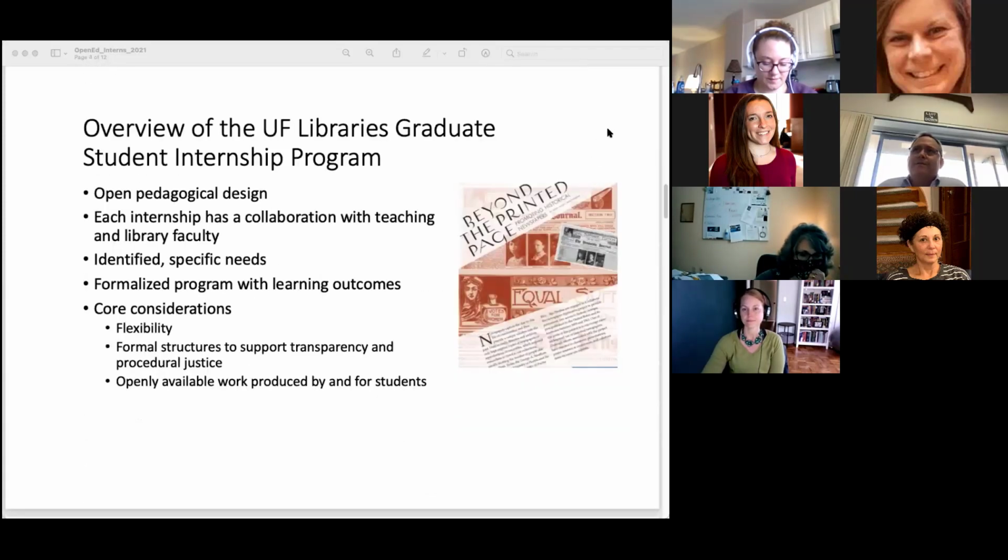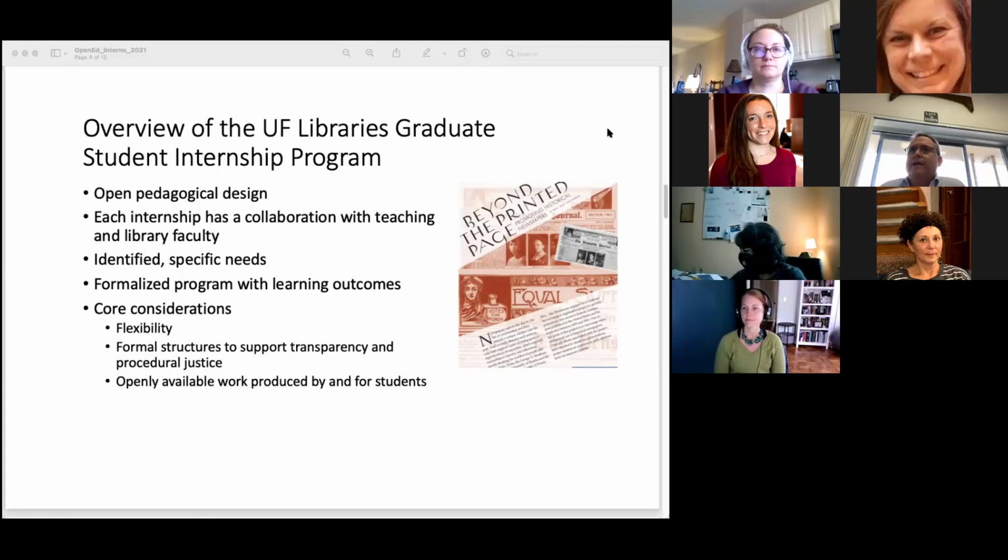Within the nexus of library and graduate student needs, the innovative Smathers Graduate Student Internship Program sought to remake graduate student internships within libraries through a design based on collaboration with teaching department faculty and library faculty. Through this program, librarians propose and lead internships based upon identified and specific needs for projects and outcomes.